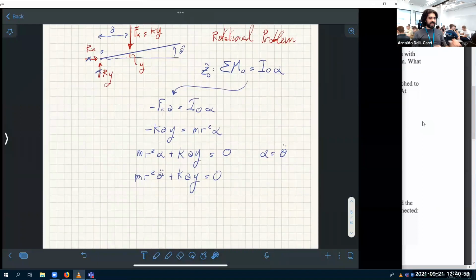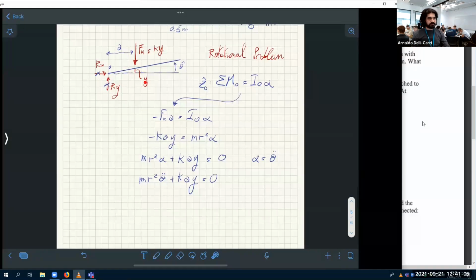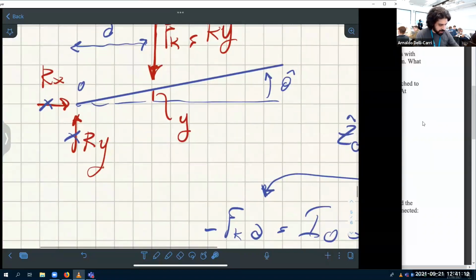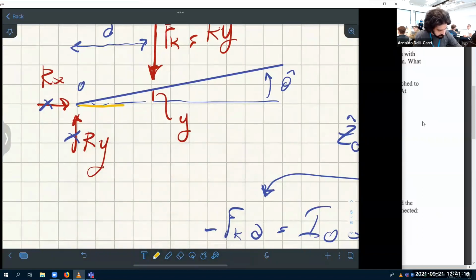I was saying we have a kinematic relationship that links the rotation of the bar to the compression of the spring. This y is the compression of the spring. So let's look at this triangle here. This is theta.